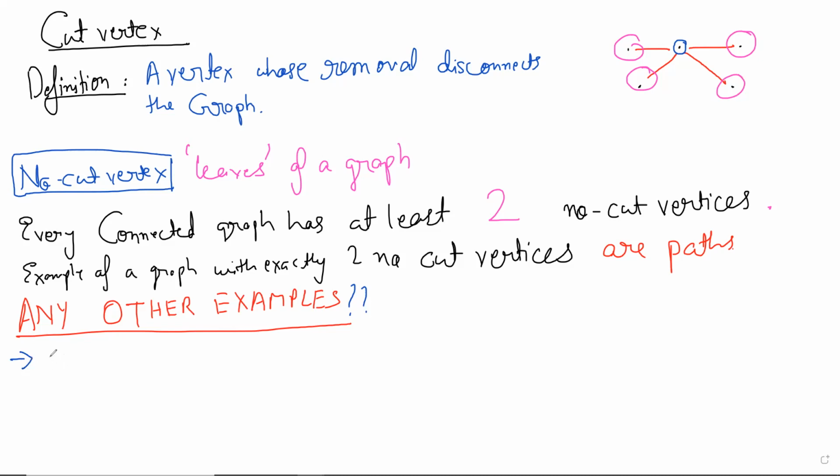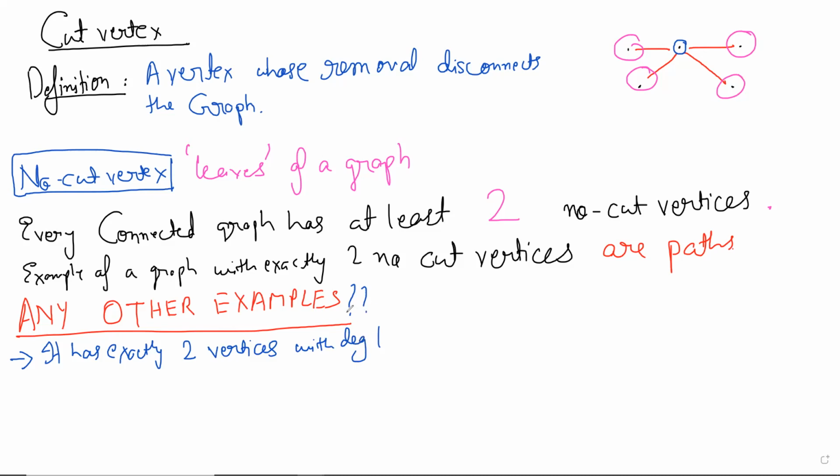But yeah, this property we can write: it has exactly two vertices with degree 1. Can anybody give an explanation?